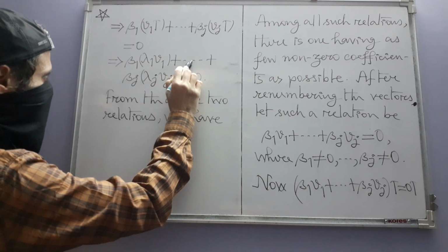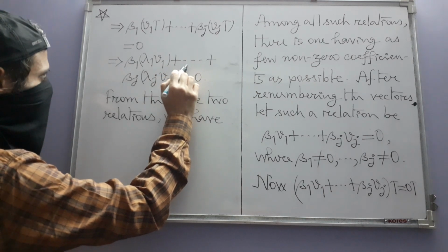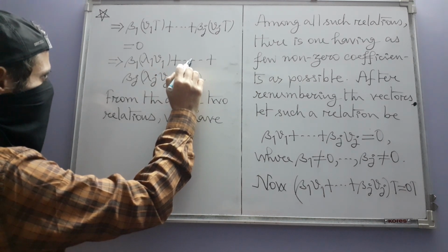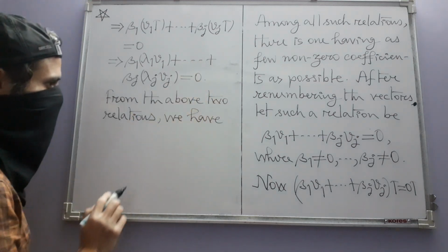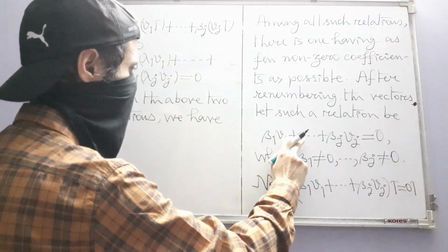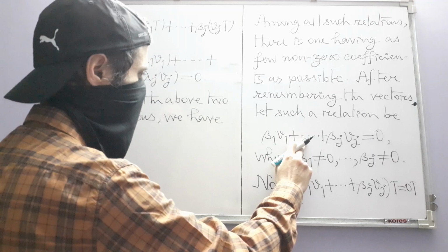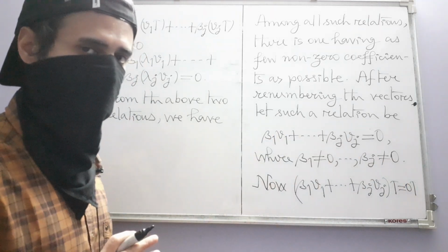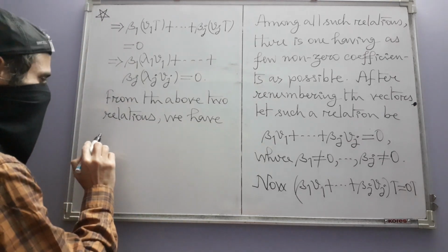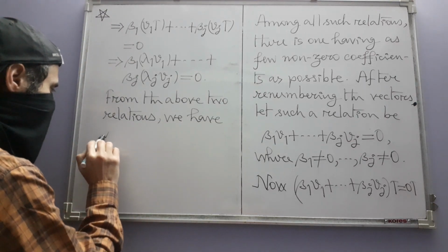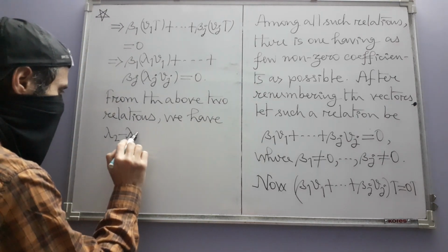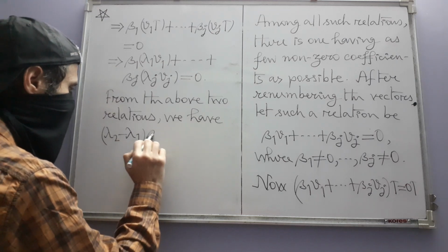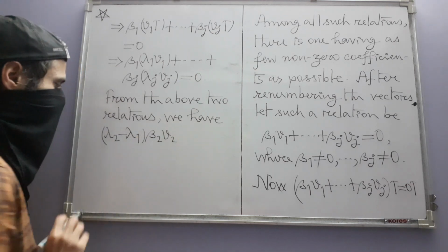Here the second term will be beta 2 lambda 2 v2. From that we will be subtracting beta 2 lambda 1 v2, and that will give us lambda 2 minus lambda 1 times beta 2 v2.